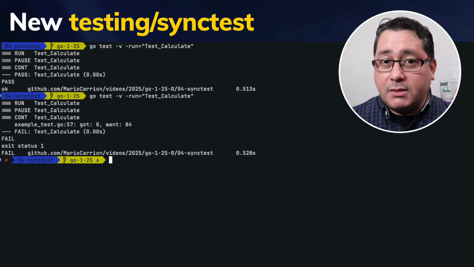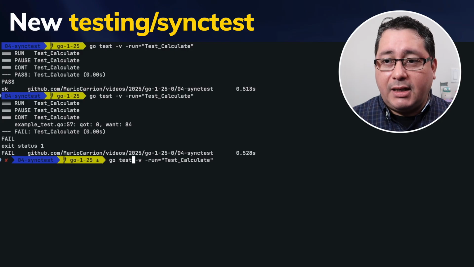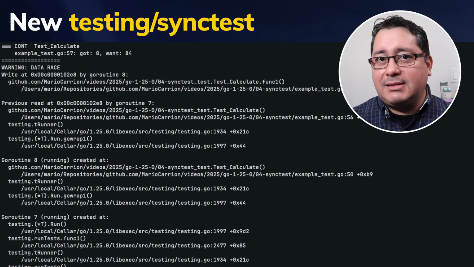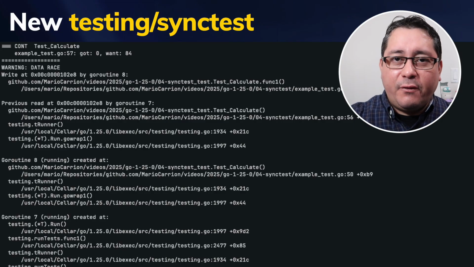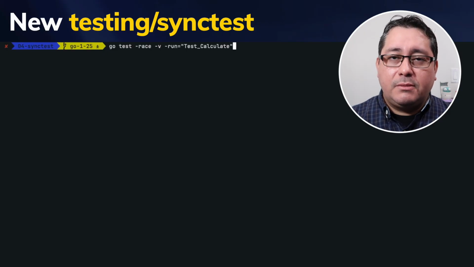It will fail because obviously the Go routine didn't complete before checking. But if I decide to pass in the race parameter, it will immediately detect the race condition. This is nice because now you can tell if one of your tests or some of your tests are failing because of race conditions, which brings an interesting point. Always pass in the race argument when you're running your tests.